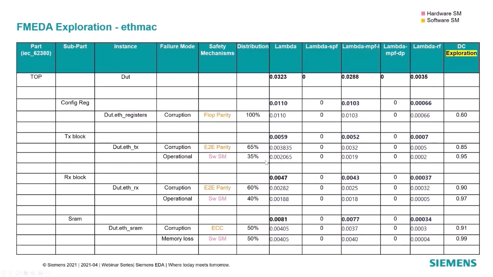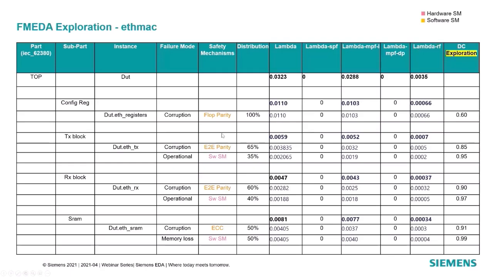As you can see, once we set up that experiment and prepared what type of safety mechanism was protecting those blocks, we were able to create an exploration FMEDA, the analysis side of it.